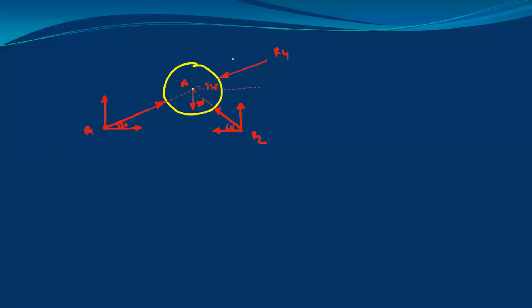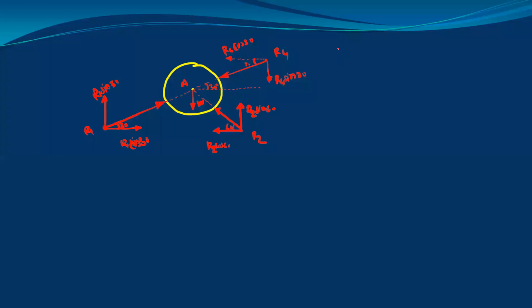Therefore, if you draw one horizontal line like this, the angle is nothing but 30. This is the alternate angle. So this is your x component and this is the y component for R4. So here this is R4 sine 30. This is R4 cos 30. R2, this is R2 cos 60 and this is R2 sine 60. And here R1 cos 30 and this is R1 sine 30.